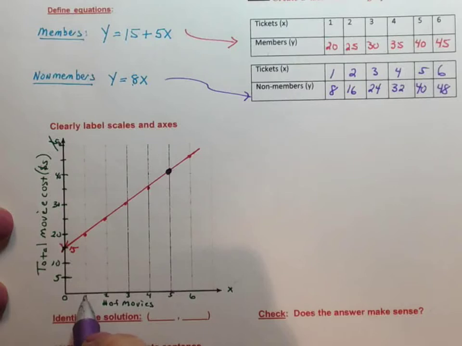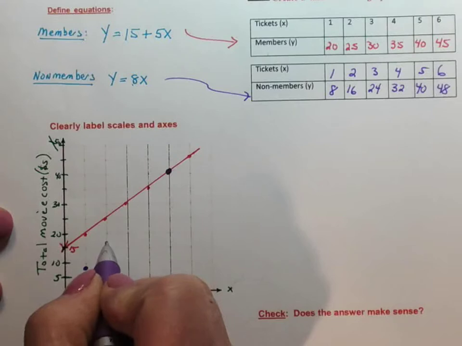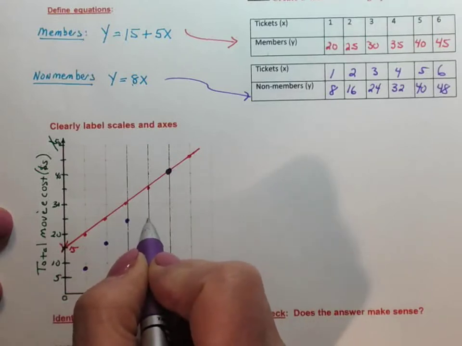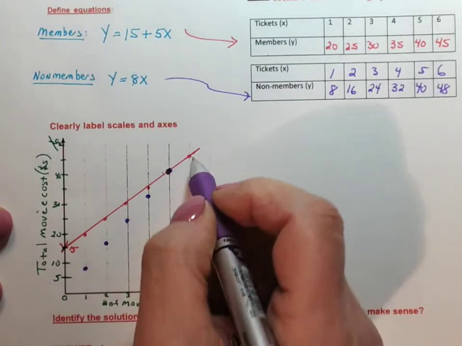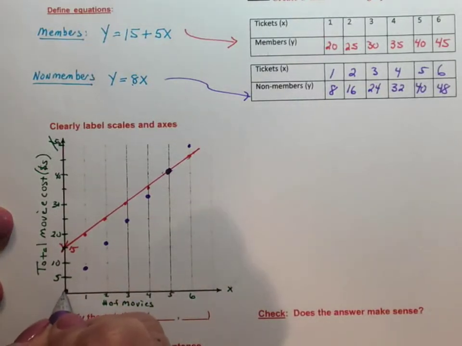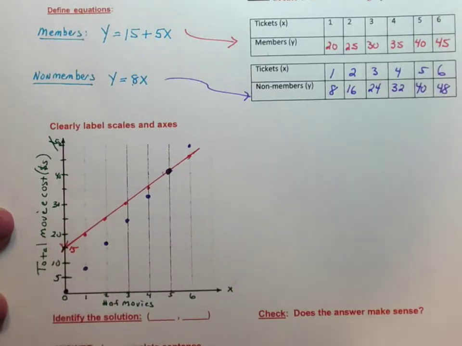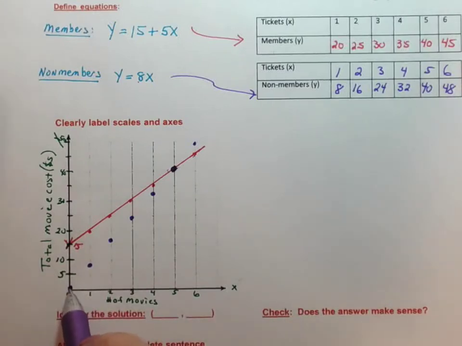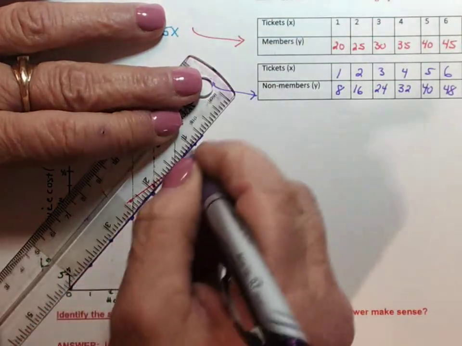One movie is at $8, and then 16, and then 24, and then 32, 40, and then 48. And notice non-members the y-intercept is 0. If they don't go to any movies, then they don't spend any money. We draw this line.